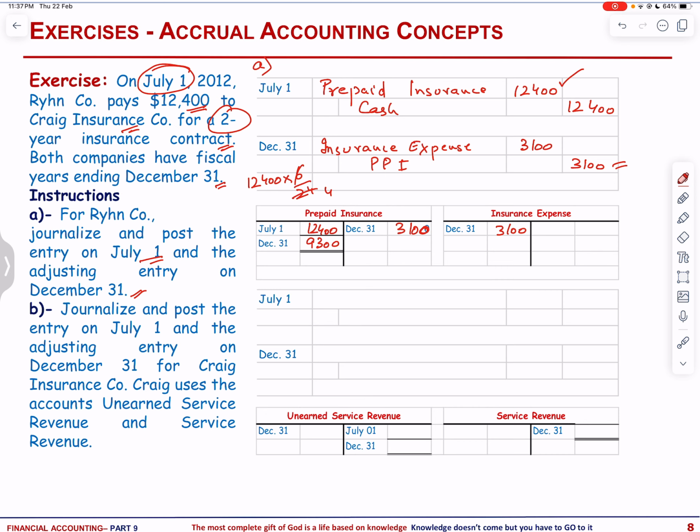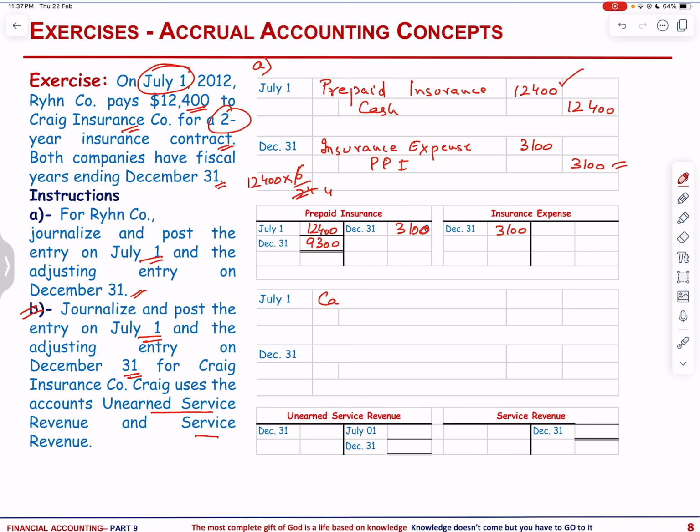Next, we go for the journal part B, and journalize and post the entry on July 1 and the adjusting entry on December 31st for Craig Insurance Company. Craig uses unearned service revenue and service revenue. These are the two accounts that they are using. So they have received cash.